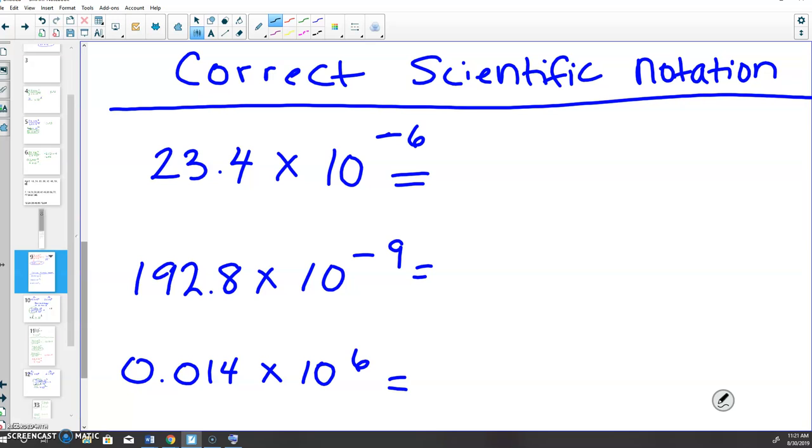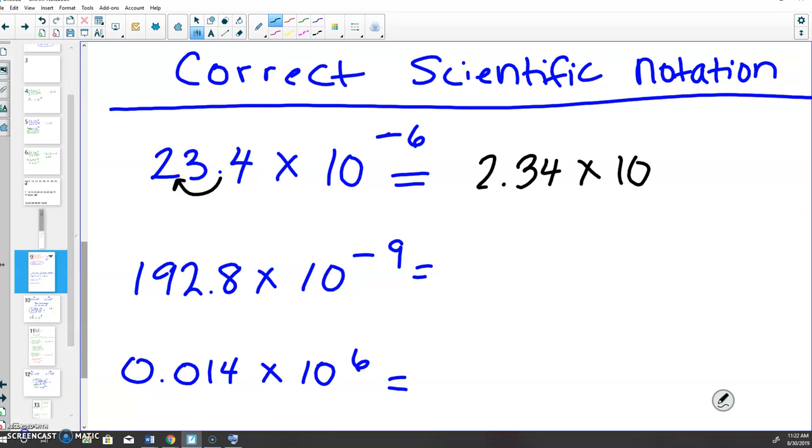Okay, so let's say you get these as your answers on some problems. Well, these are not correct scientific notation, so you would have to correct your answer to the problem. This one, what's wrong with this one? Decimal's in the wrong spot. You gotta move it up 1, right?